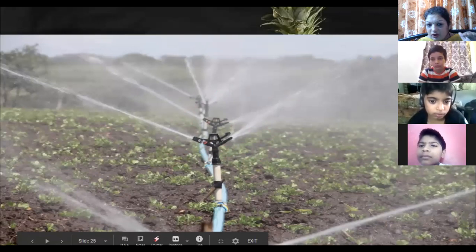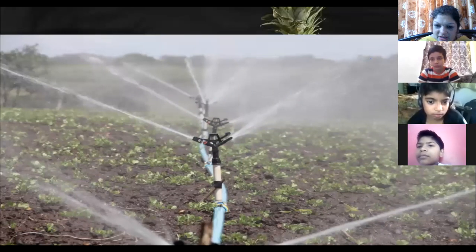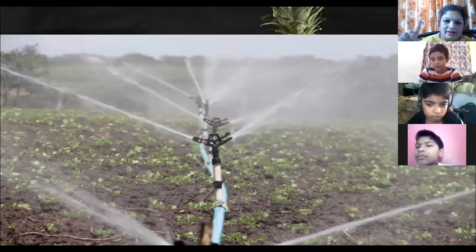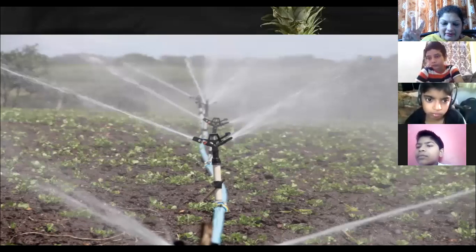So what happens because of the sprinkler irrigation method? Water is saved. Not much quantity of water is required for the crops, and the water is being given overall to all the crops. So we studied two modern methods of irrigation. One is the drip irrigation method, pipes with holes. And second, we saw the sprinkler irrigation method.